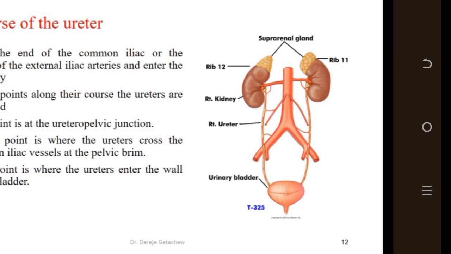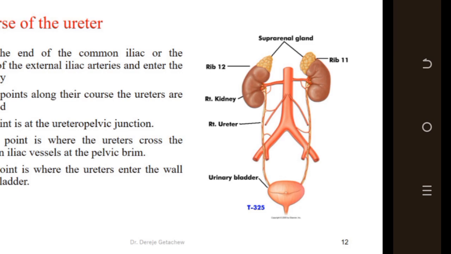So as the ureter descends down, we see its course. It crosses the end of the common iliac or beginning of the external iliac artery and enters the pelvic cavity.